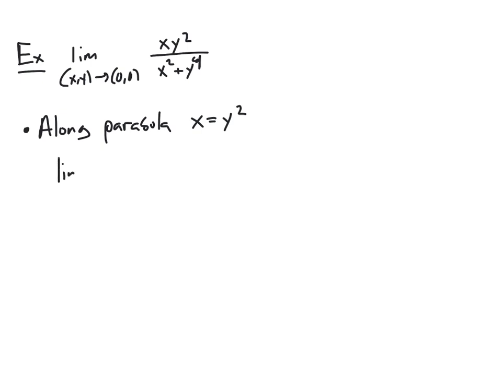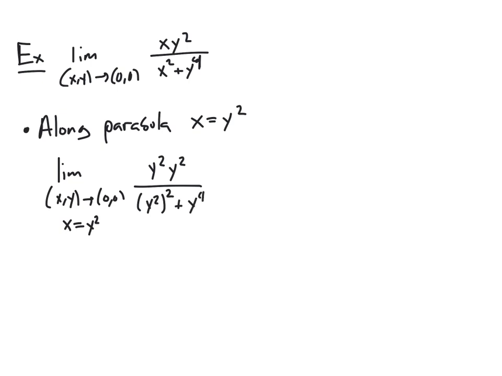So we want the limit as (x,y) approaches (0,0) along the parabola x equals y squared. When we do this, we'll replace x with y squared. So we have y squared times y squared in the numerator, and (y squared) quantity squared to represent x squared, plus y to the 4th, in the denominator.